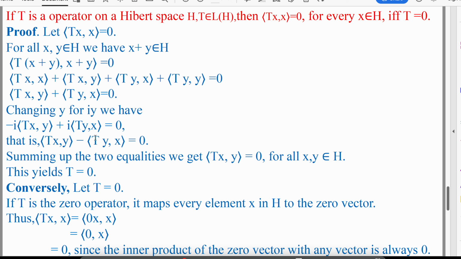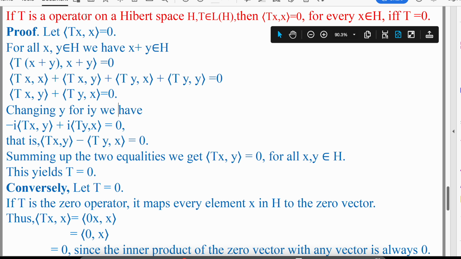So we get twice the inner product of Tx with y is equal to 0, but 2 cannot be 0, so the inner product of Tx with y equals 0 for all x, y belonging to H. So it means this is possible only if Tx equals 0, or T equals 0. So we have proved that if the inner product of Tx and x equals 0, then the operator T is a 0 operator.